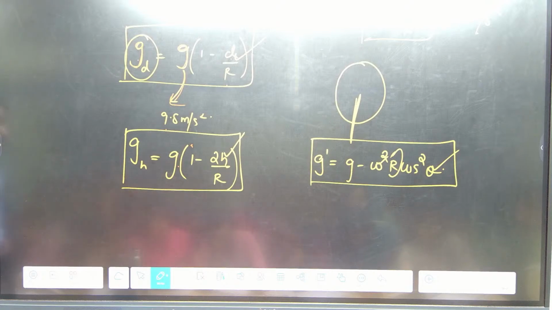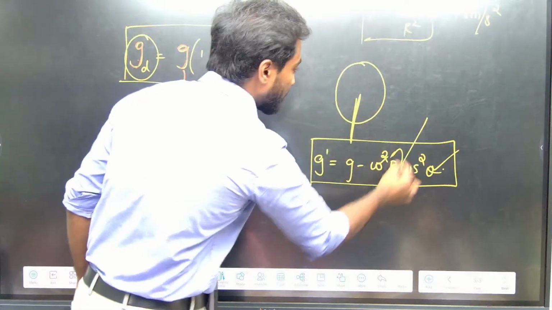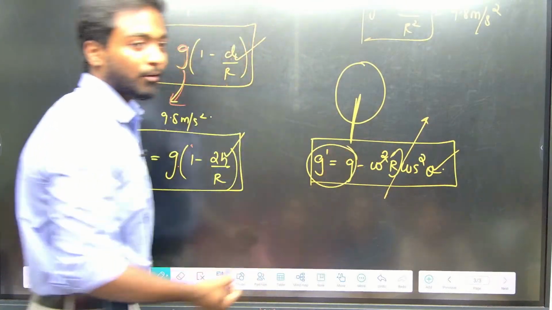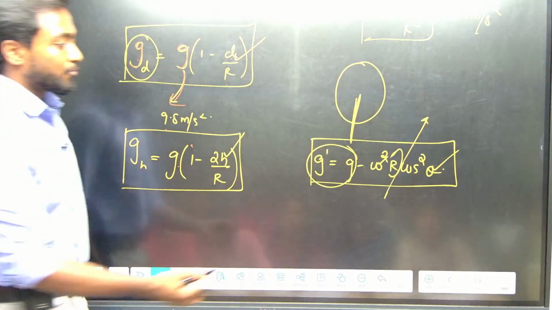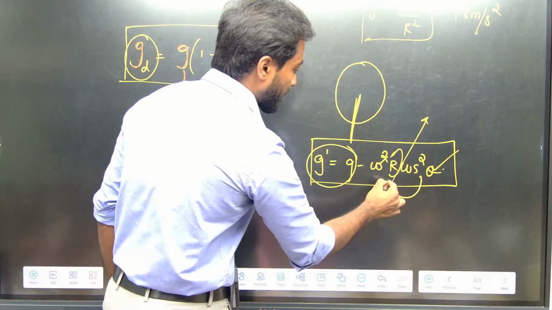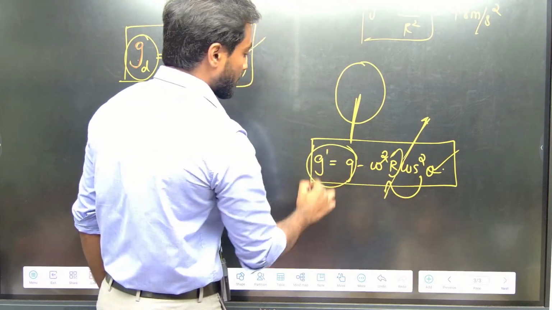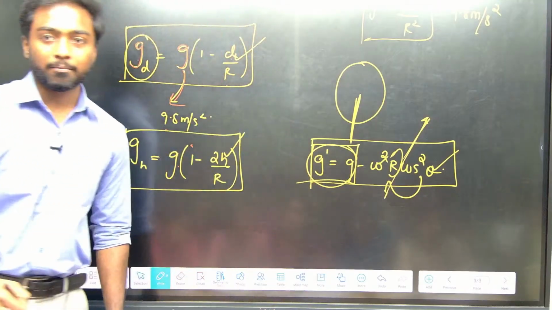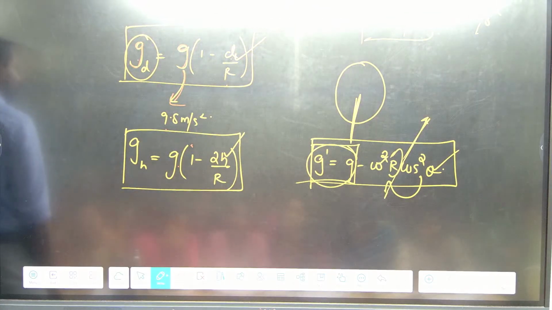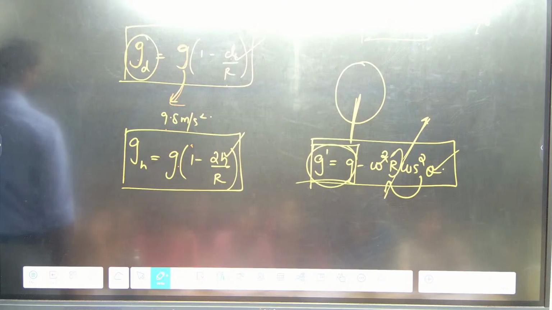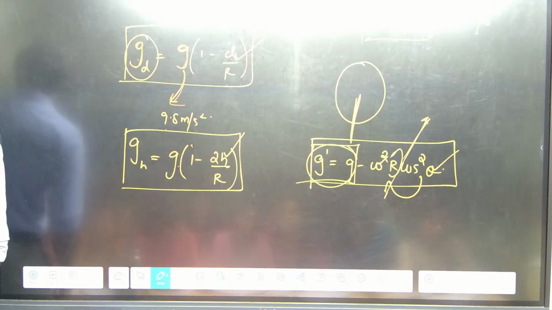So if it is 0, what will happen? G dash will be equal to G. This value will become 0, and multiplied with this one, the total becomes 0, so G dash will be equal to G. At the poles I can say that the gravity is maximum. Write down the next point.